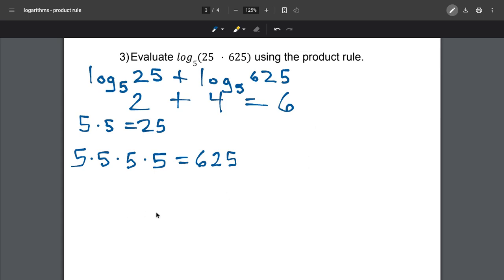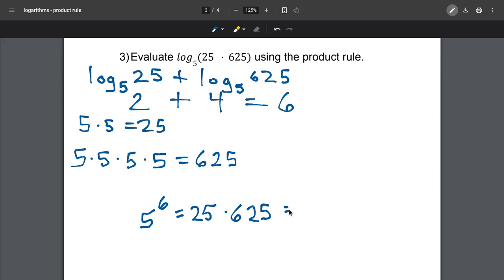And we can check this too. We could do, well, is 5 to the 6th power equal to 25 times 625? Well, let's get a calculator here.